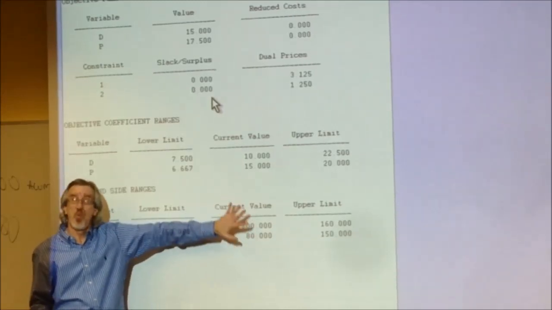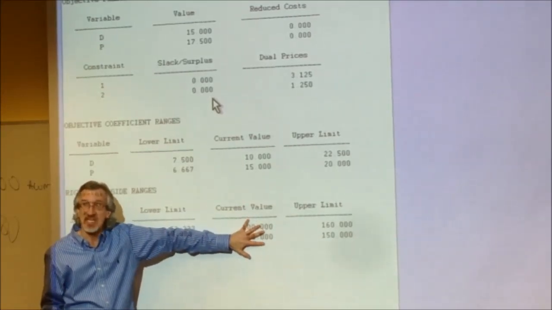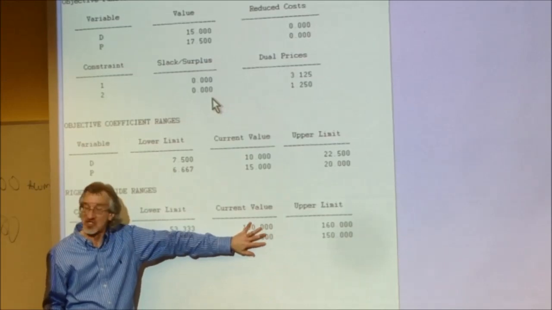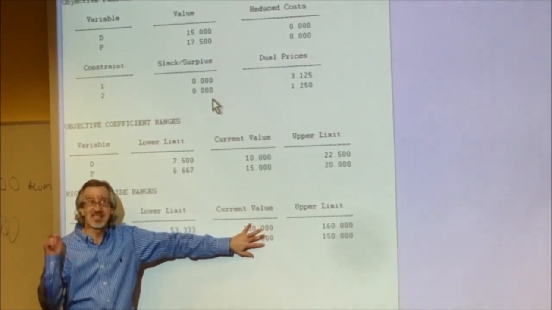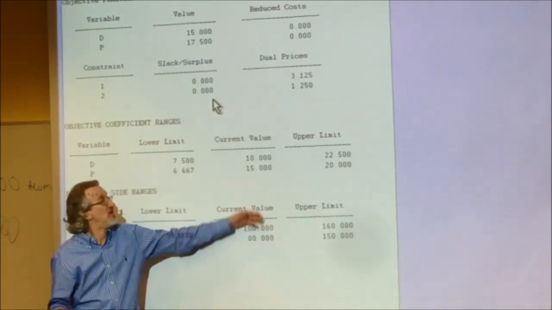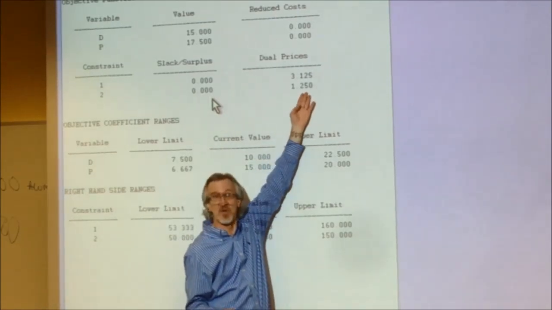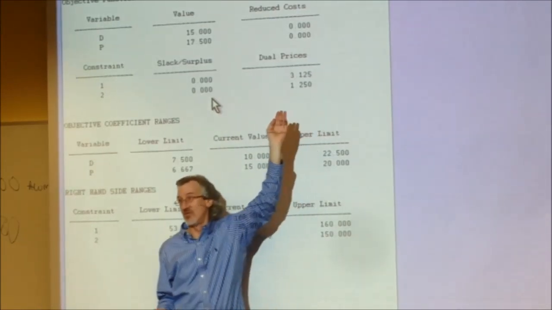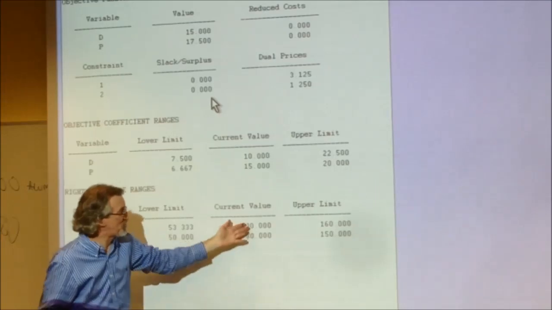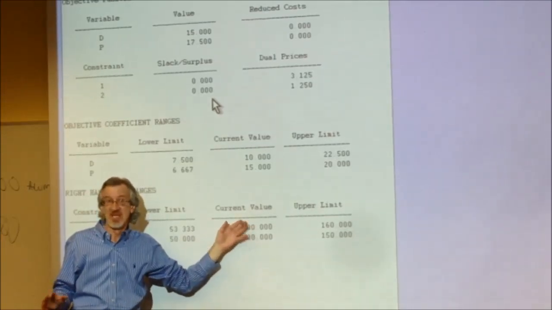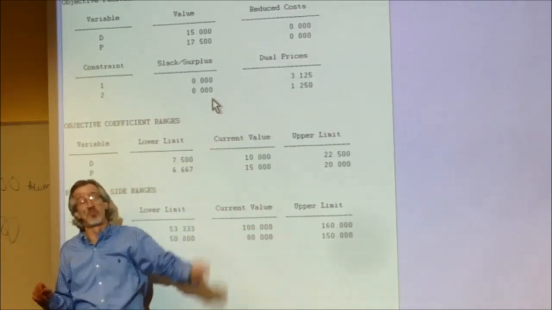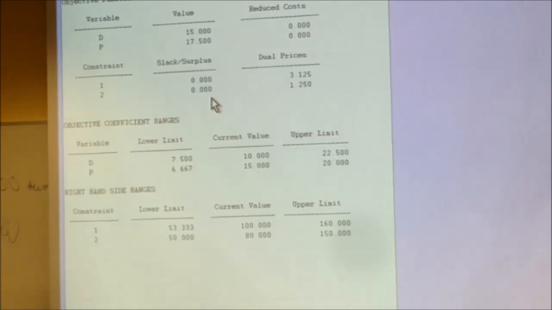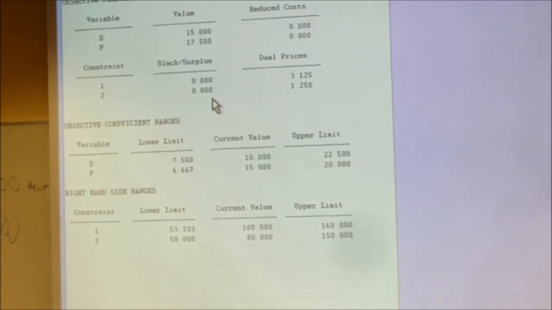Anytime there's more than one change taking place simultaneously in the right-hand side of the constraints, you must calculate the 100% rule before you determine whether these dual prices are still valid or not. Just because each change is within its upper or lower limits still does not mean those dual prices are valid. When there's more than one change, the determination is truly whether it fits the 100% rule. Then you can say whether the dual prices are still valid.